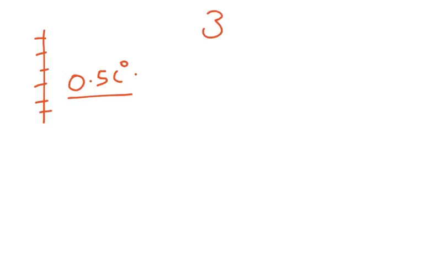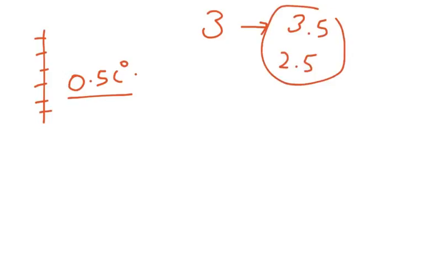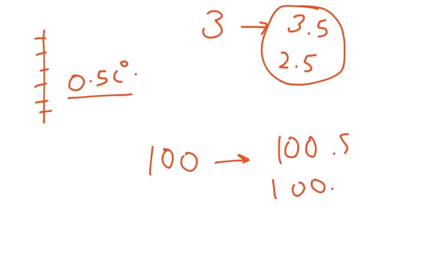It might be read as 3.5 or 2.5, which is a huge difference for 3 Celsius. For 100 Celsius, it won't make much of a change because it would be 100.5 or 99.5, so it won't make much of a difference.